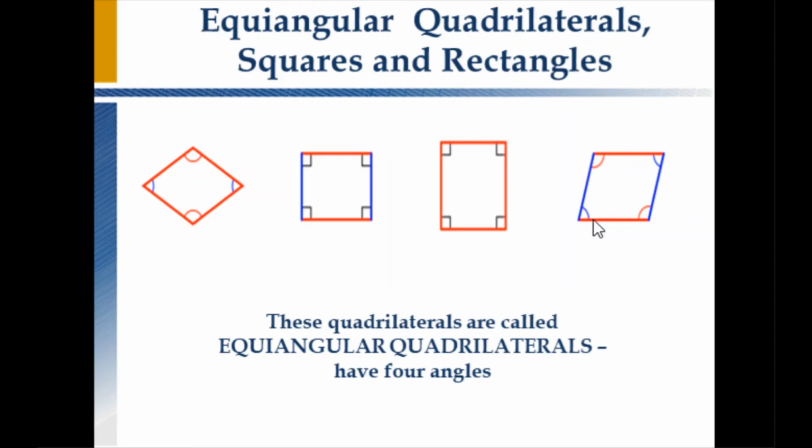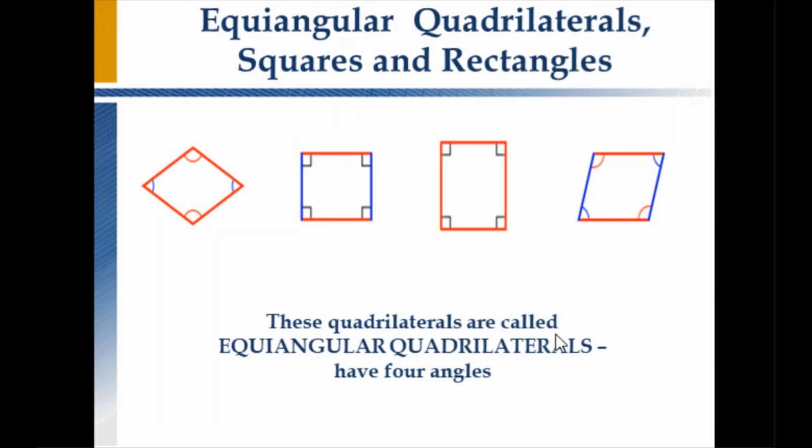That is why it's called equiangular quadrilaterals. So again, maybe some of the things you have in your house today are equiangular quadrilaterals.